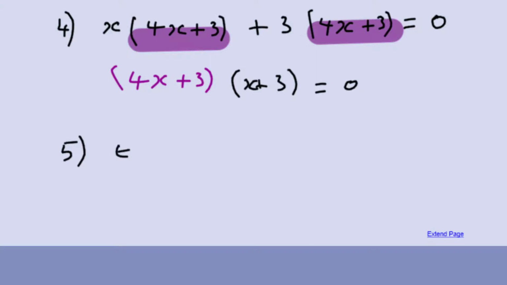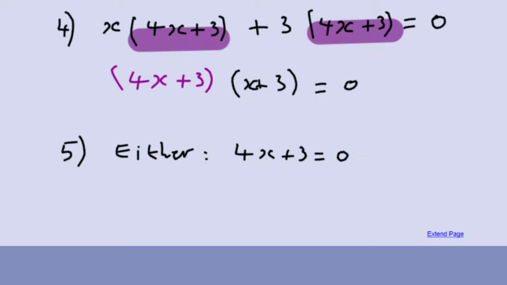As we've seen in the simple method, if two factors multiply to give 0, one of the factors must be 0. So in our case, we could have the first possibility, where the first factor, 4x plus 3, is equal to 0, a simple linear equation.